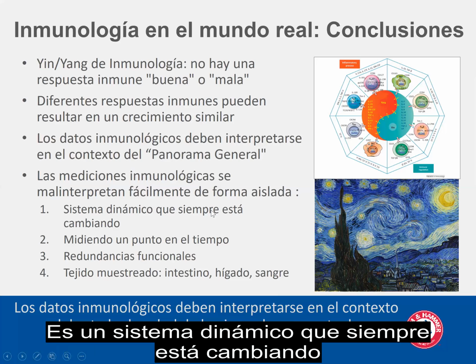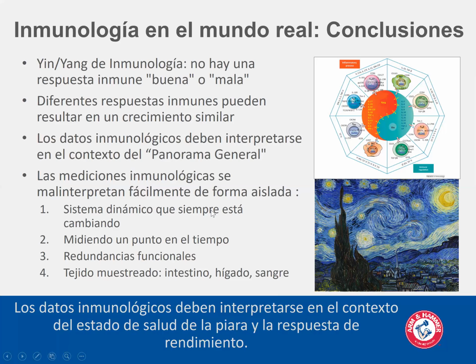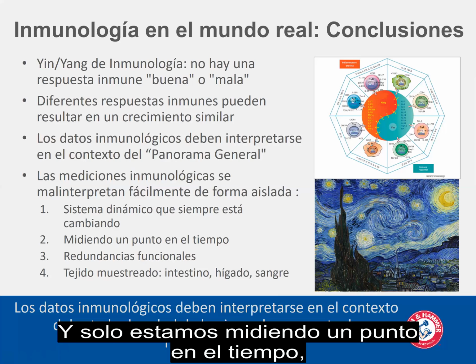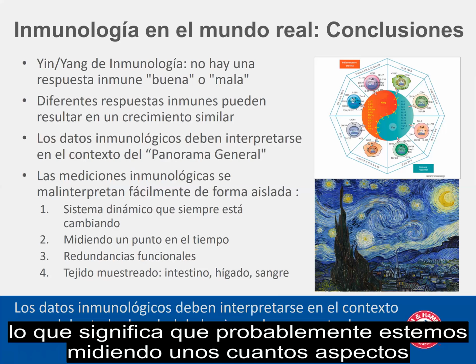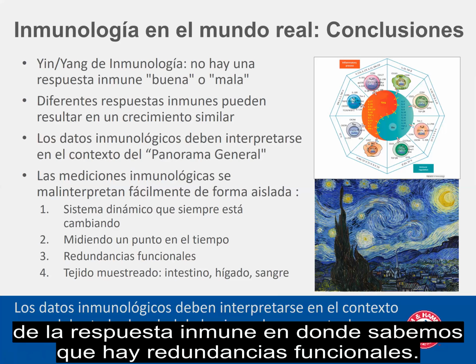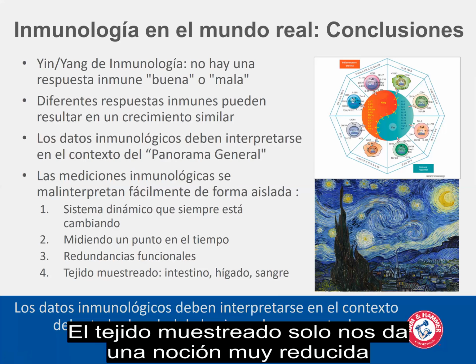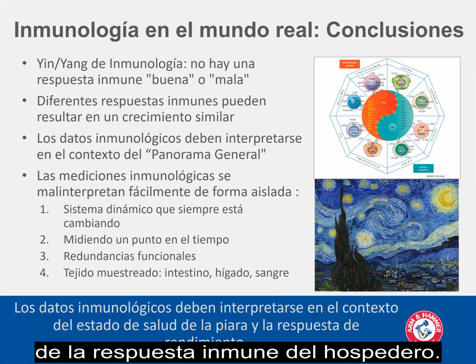It's always changing. It's always in flux. So there's a lot of different aspects that are all changing simultaneously in that whole orchestrated immune response. And we're only measuring one point in time. We're probably only measuring a very few aspects of the immune response. And remember, there's lots of functional redundancies to those measurements. The tissue samples that you measure only give you one little small aspect of the whole host immune response.